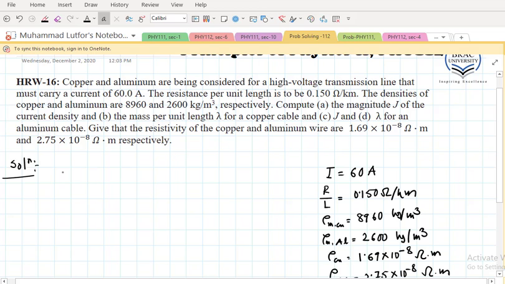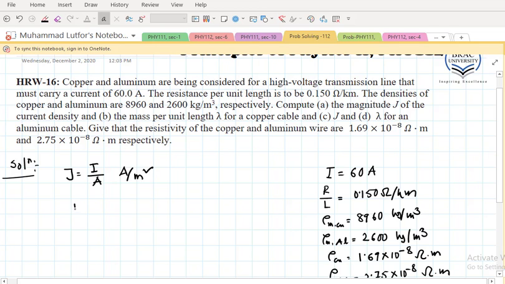Find the current density. We define J as current per unit area, whose unit would be ampere per meter square. Now the current is given. How am I going to find that area? To find the area, we are going to use the definition.